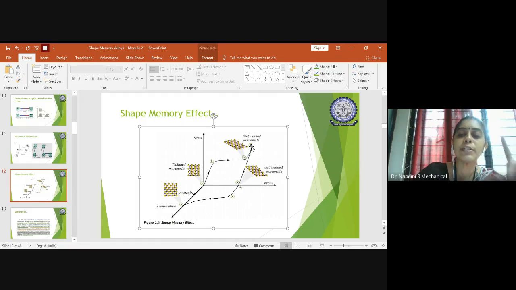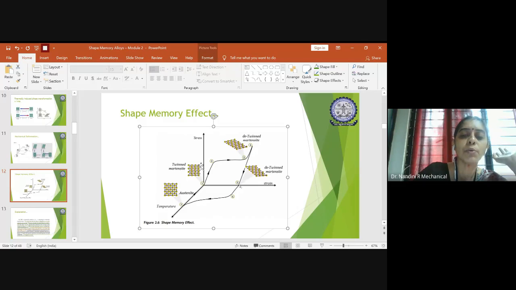At that point, the second twinning of the martensite phase comes into the picture. From then onwards, you won't subject it to any temperature treatment. It gradually comes down. The same detwinned martensite will cool down totally and reach the original position here, where it will be the austenite phase.